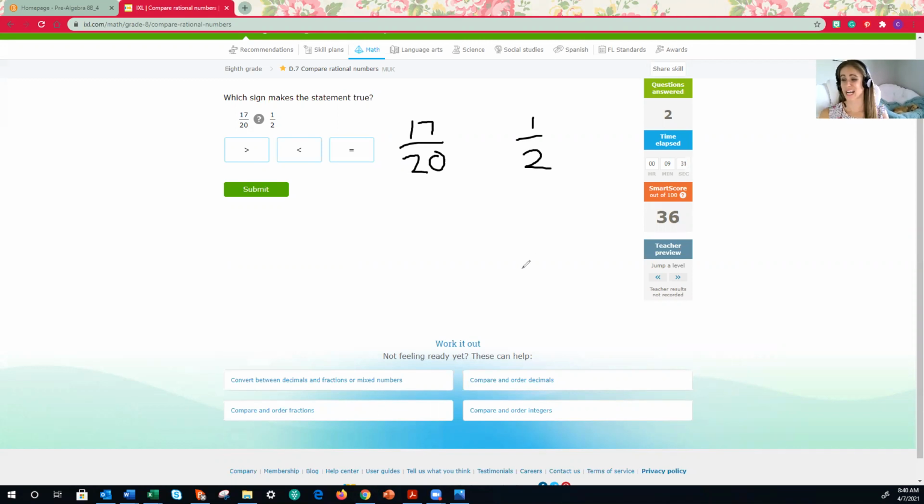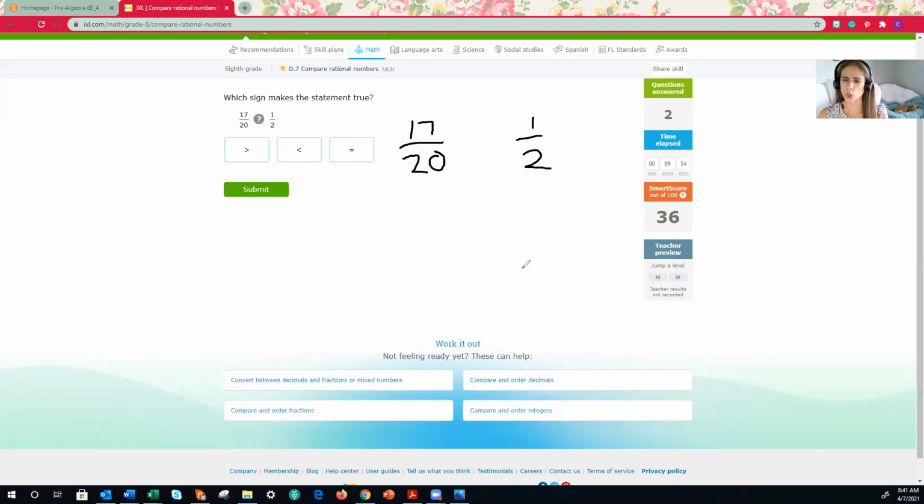All right, I need to find that least common denominator so I can compare my fractions. Well, if I think of my multiples of 2, I know that 2 is eventually going to get 20. 2, 4, 6, 8, 10, 12, 14, 16, 18, 20. So 20 is our least common denominator.